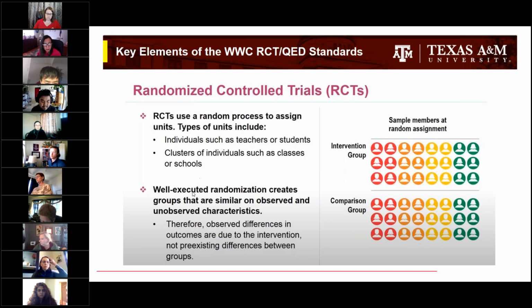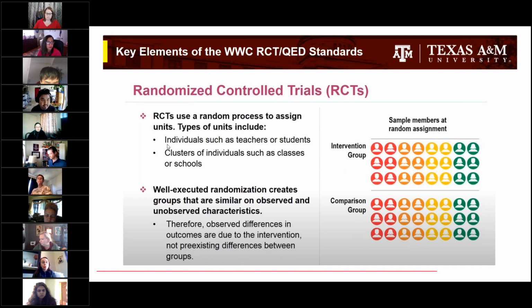And then the next point is that well-executed randomization creates groups that are similar on observed and unobserved characteristics. Therefore, observed differences in outcomes are due to the intervention, not pre-existing differences between the groups.